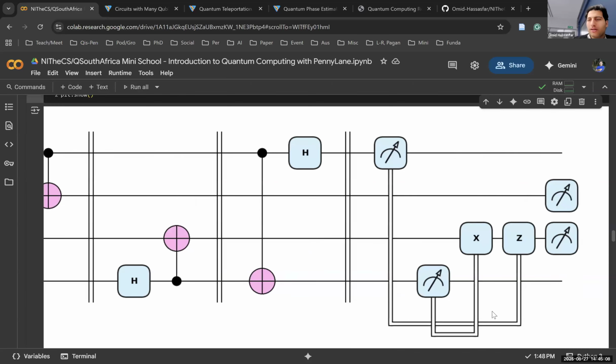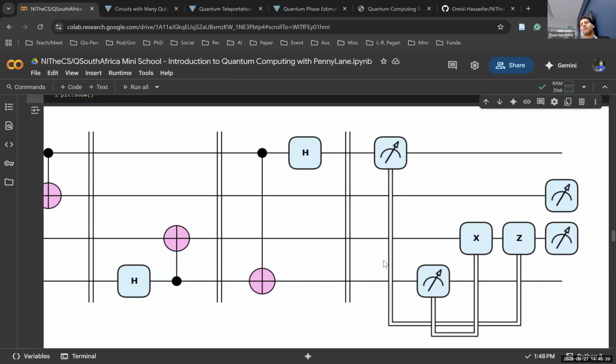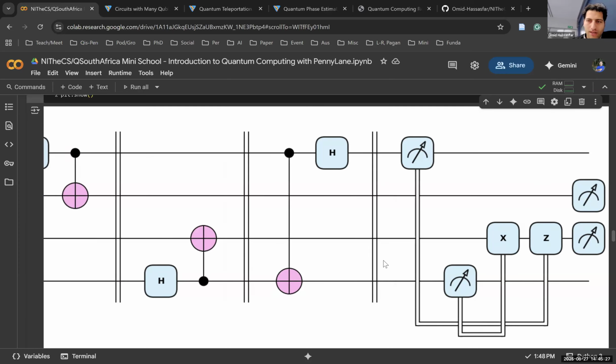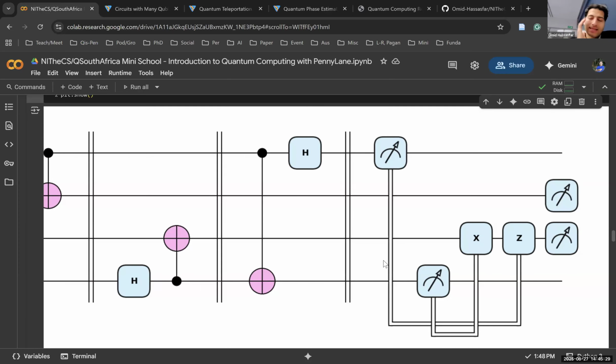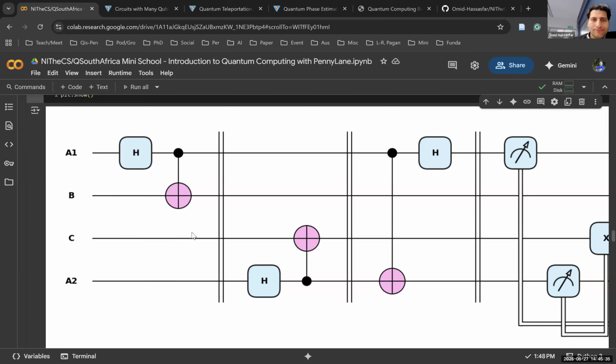If this is 1, you apply Z, and if this also is 1, you apply X. If 0, 0, Charlie doesn't need to do anything, and if it's 1, 0, he needs to apply either Z or X. This part is very similar to quantum teleportation. We need classical communication again, but the point here is what we get after that.